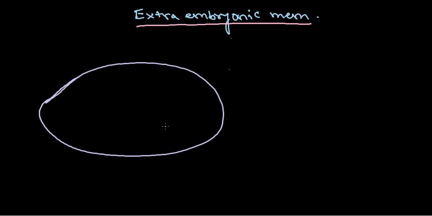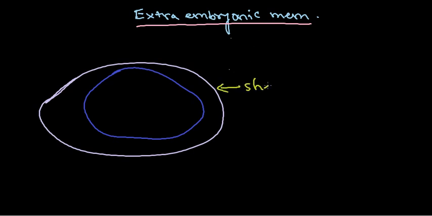Now this egg has some extra membranes inside. If I draw those membranes, it will look something like this. If this is the egg, the outermost region of this egg is the shell, no doubt about it.